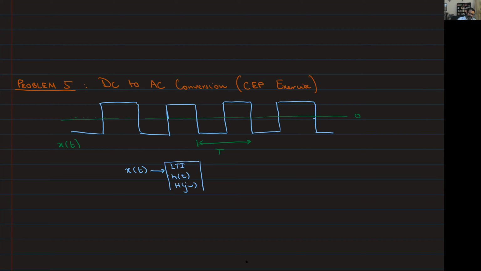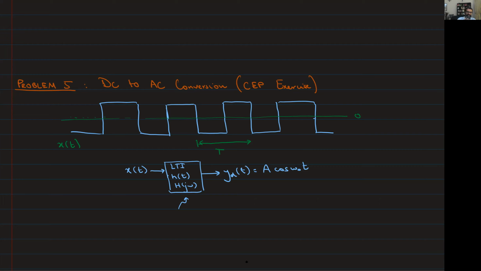And my desired output here, let's say, is equal to some A times cosine omega naught t. So how should I design this H of j omega so that for this x of t, which is a square wave as the input, my output becomes a cosine?